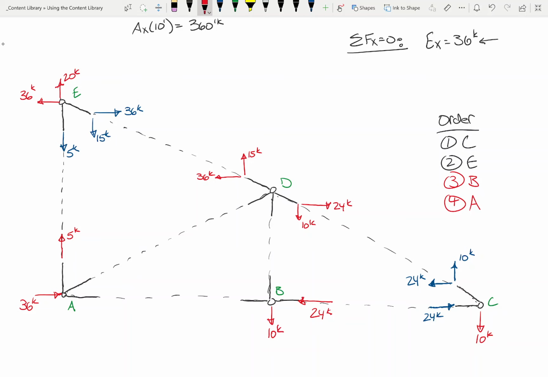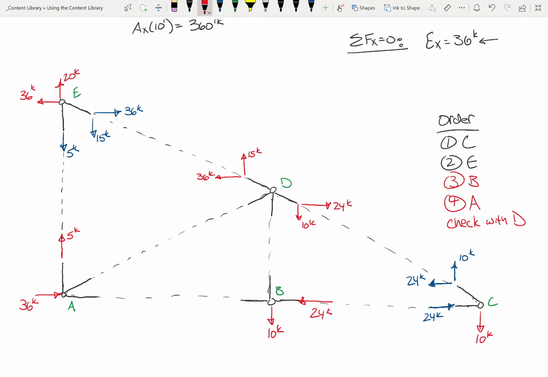But what will joint D serve for? It'll be a test or a check. Because if you look at joint D, there's a lot going on, but everything going to the left should equal everything going to the right. Everything going up should equal everything going down.